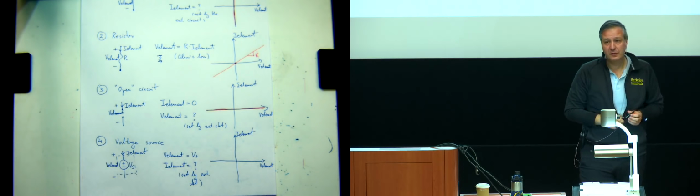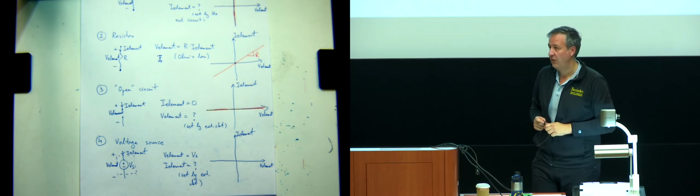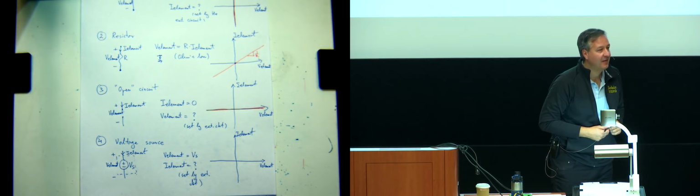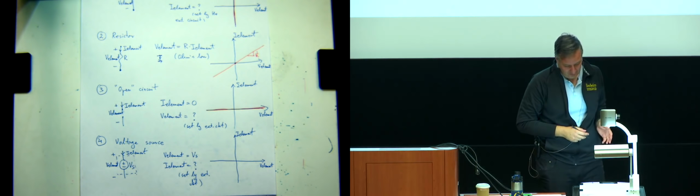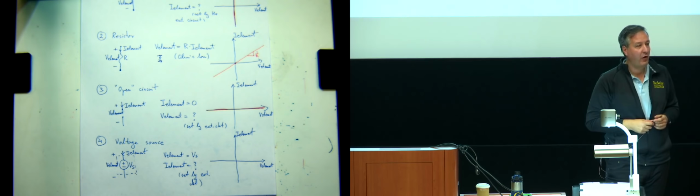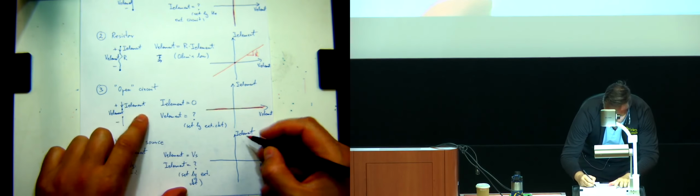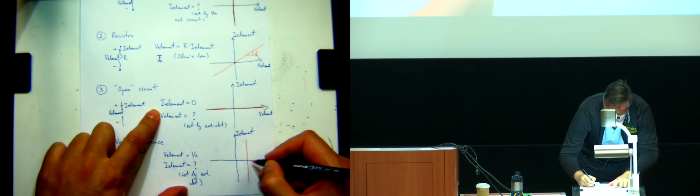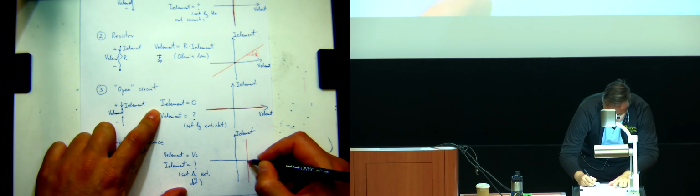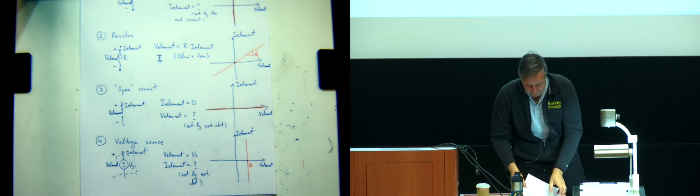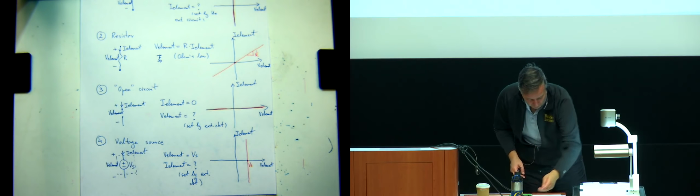What's the shape of the curve? Okay, it's a vertical line at where? Okay, great. So it's a vertical line at voltage equal to Vs. So this intercept point is Vs. That's right.